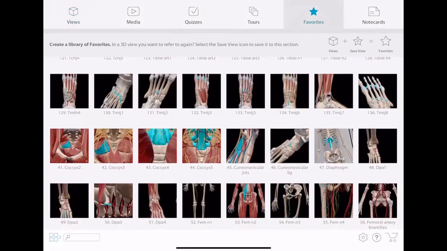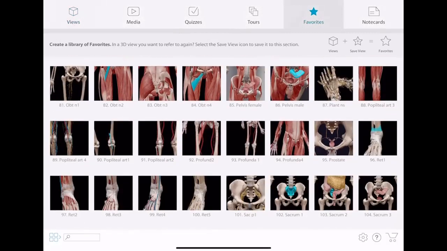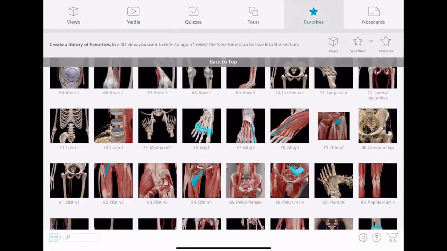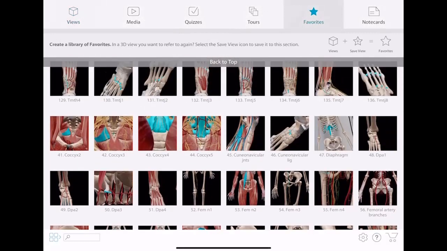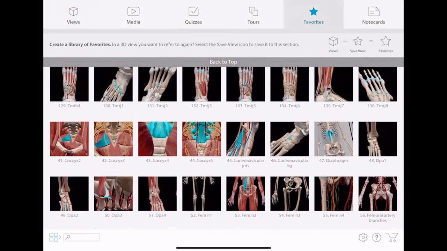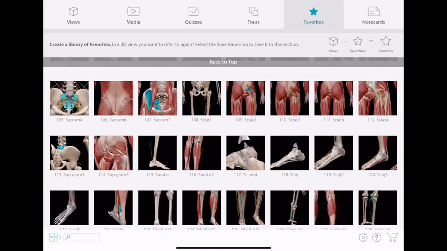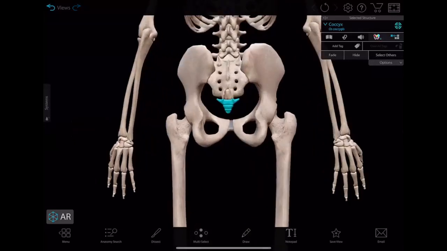We'll look at this coccyx, right? See, this is the coccyx.